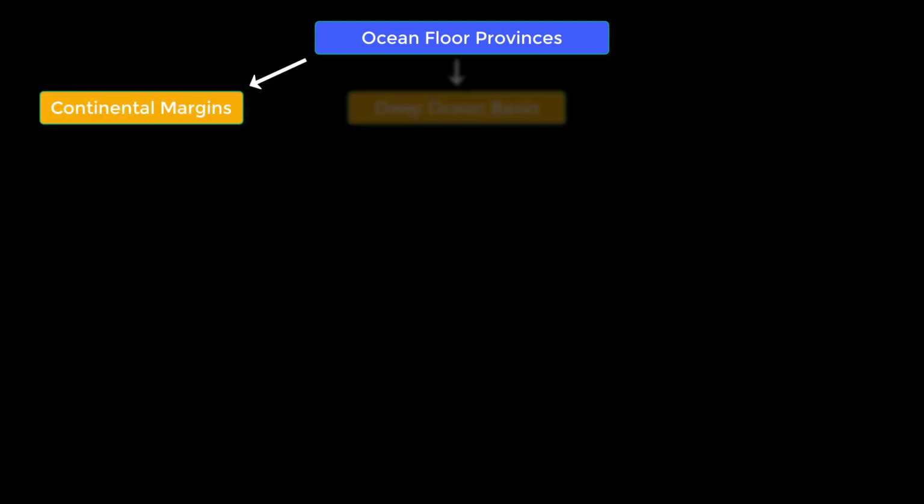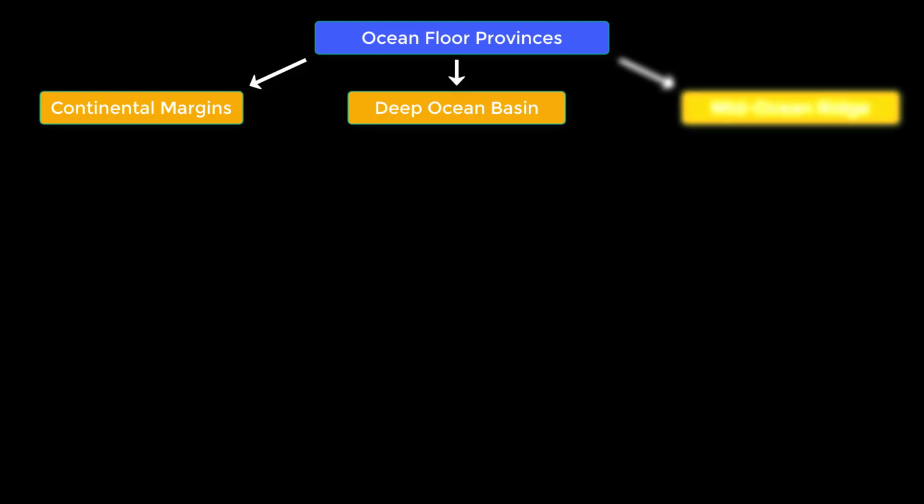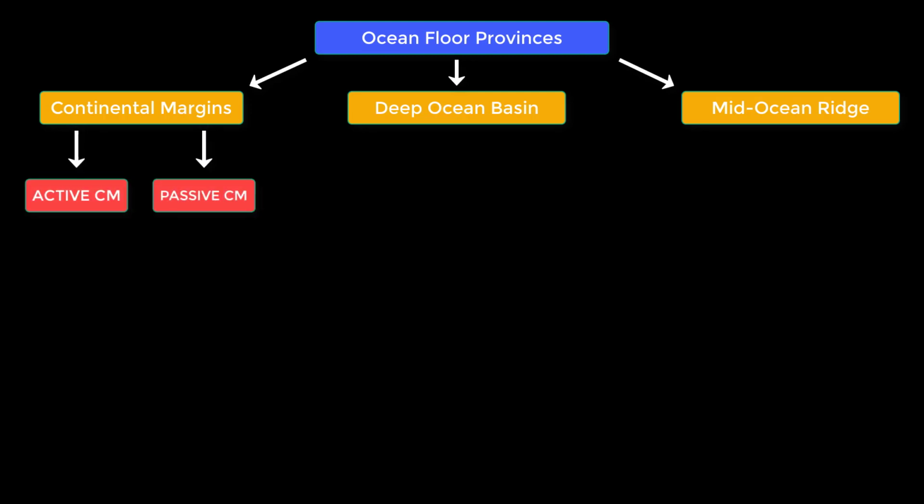So to conclude this vodcast, I'd like you to consider this concept map overviewing ocean floor provinces. There are 3 provinces of the ocean floor, specifically Continental Margins, the Deep Ocean Basin, and the mid-ocean ridge. Continental margins are what you'll find closest to the shoreline, and there are two types of continental margins, namely active and passive.